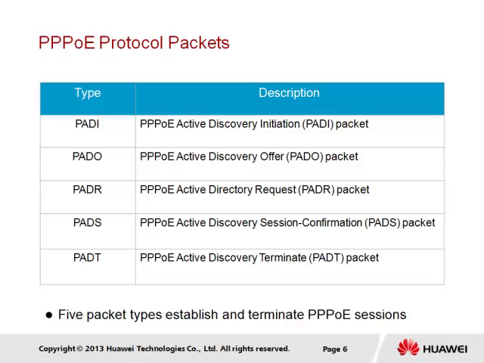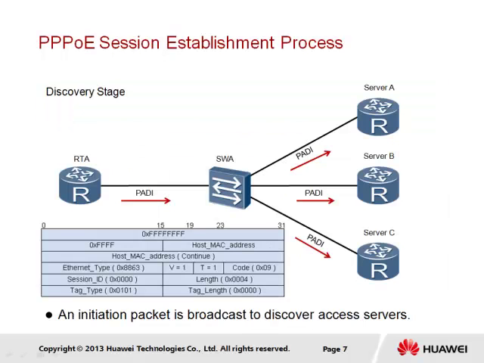The remaining packet type is the PADT, or PPPoE Active Discovery Terminate packet that will manage the termination of an established PPPoE session. We now take a look at the PPPoE session establishment process to better understand the role of each of the protocol packets introduced.